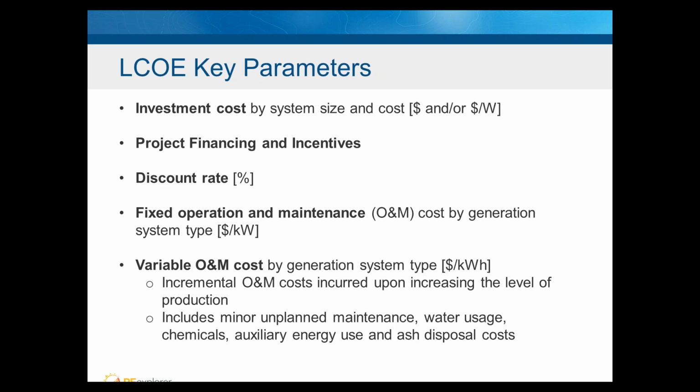LCOE key parameters, starting with the investment cost. A common unit is a cost, whether it's the total investment cost or the cost by system capacity. Then project financing and incentives, which could be a fixed capacity-based incentive or a production-based incentive.